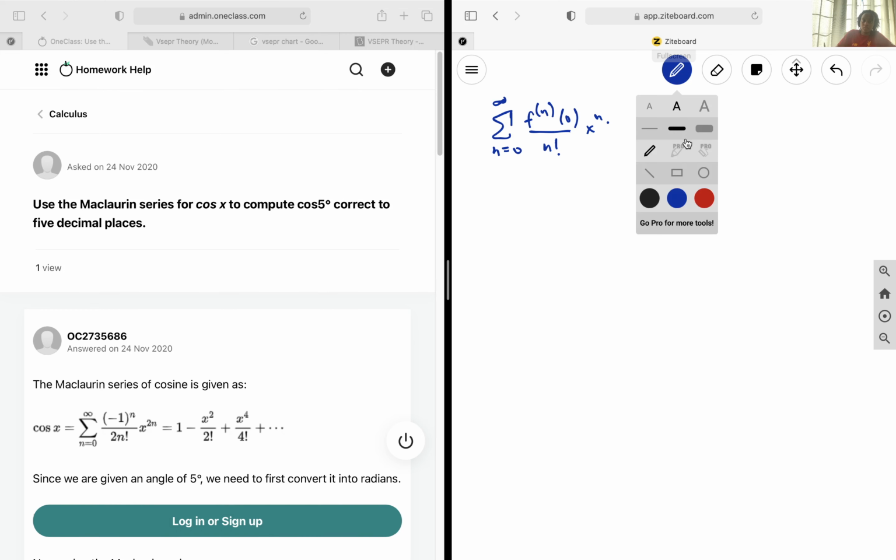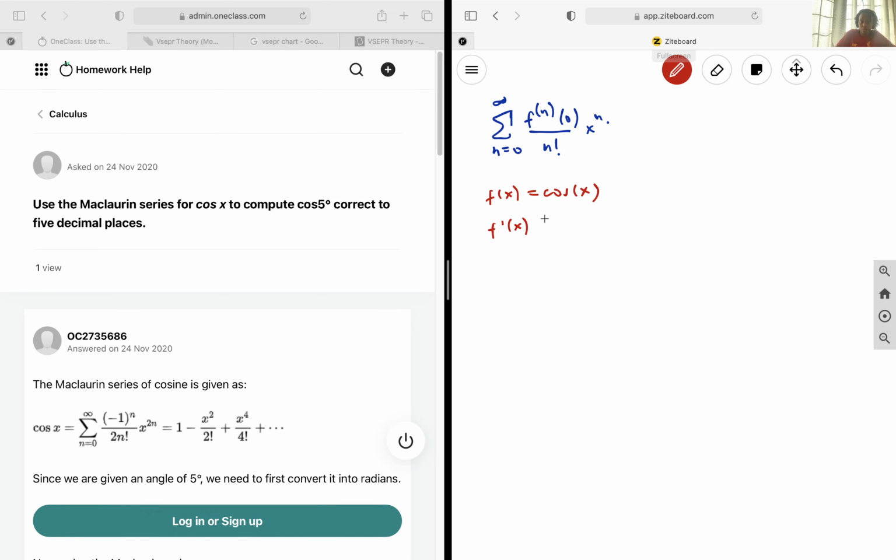And so in our case, we have f of x is equal to cos x, right? So let's go ahead and calculate the first couple of derivatives. The derivative of this is going to be negative sine of x. The derivative of that is negative cos of x.